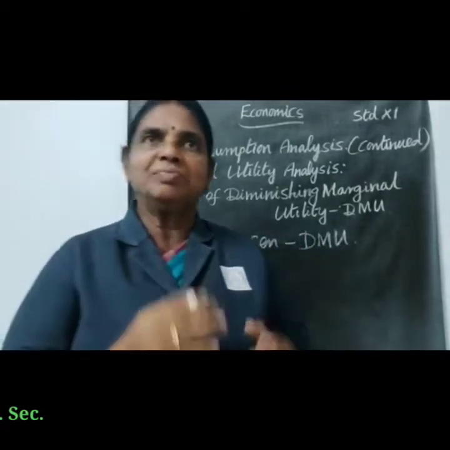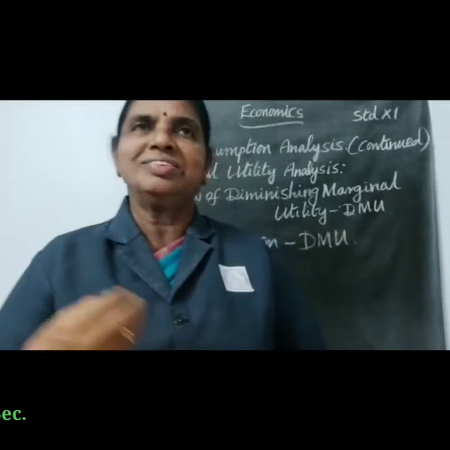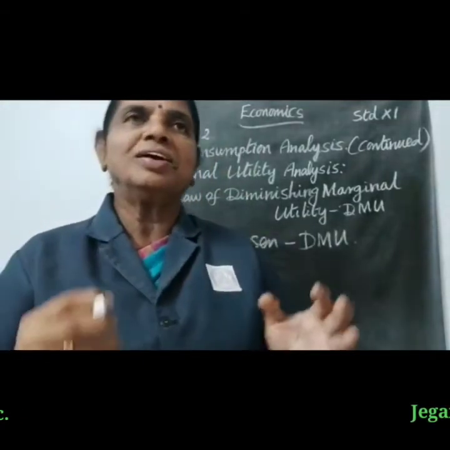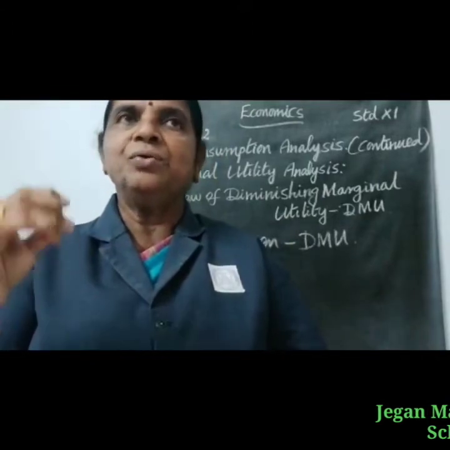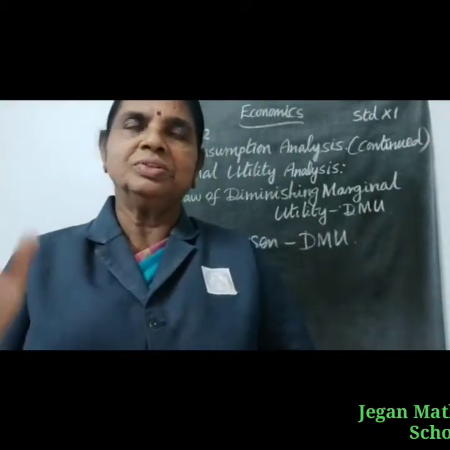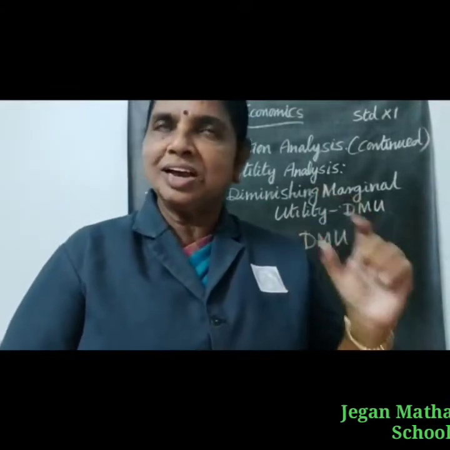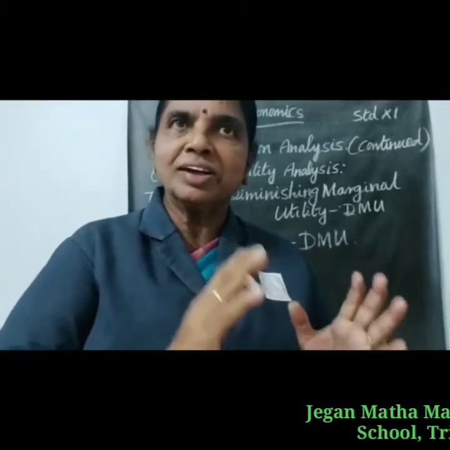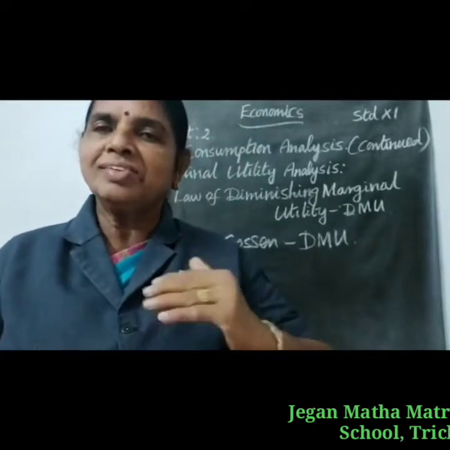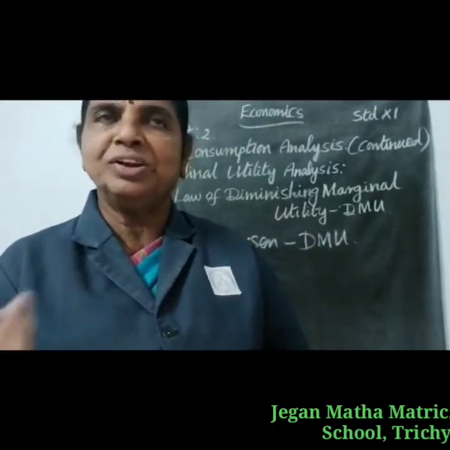Now this law can be explained with a simple illustration. Suppose a consumer wants to consume 7 apples, one after another. The utility from the first apple is 20. But the utility from the second apple will be less than 20, say 15.